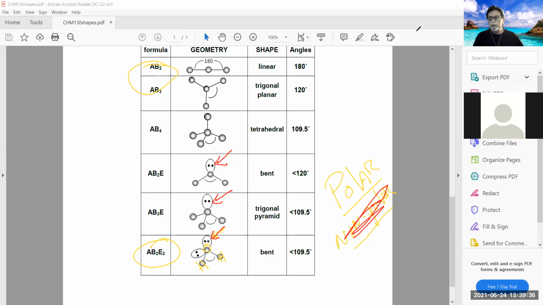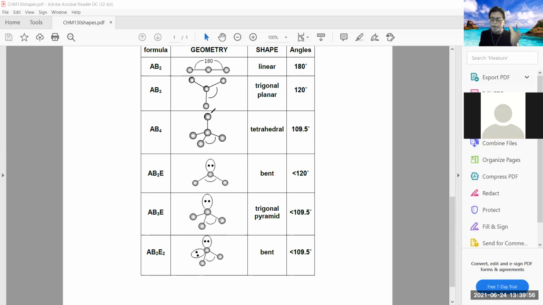Now, one of the most common reference points is the AB4. We call that tetrahedral. You can see here that there's a central atom, whatever that may be, and then there are 4 species bonded around the central atom.